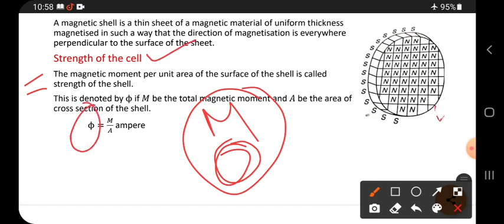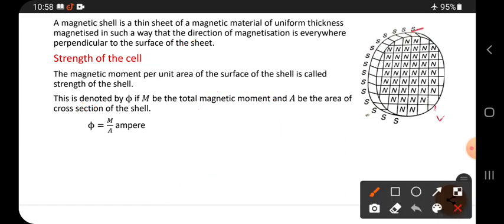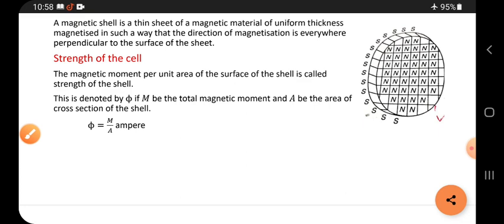For example, it is a magnetic shell. If you consider a small area, how much it is magnetized, meaning how much magnetic property it gains, that is called the strength of the shell. It is spelled S-H-E-L-L, shell.